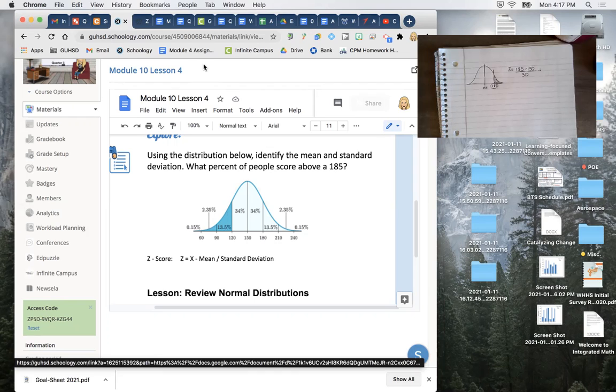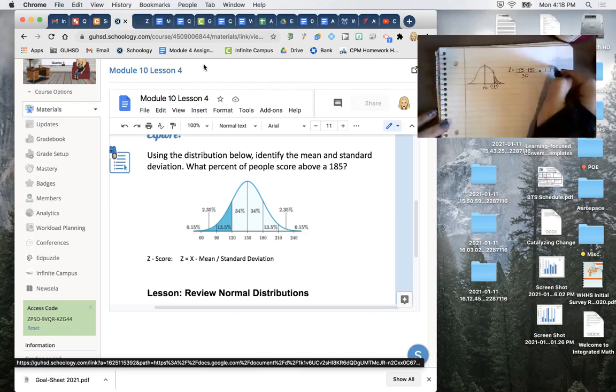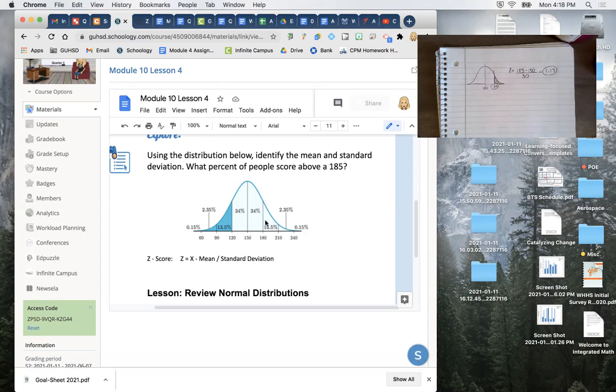That is going to be 35. I take 35 and divide by 30 and I get 1.17, which is going to be my z-score. Just slightly above 1 standard deviation. That makes sense. Here's 180, and 185 is just slightly above that.